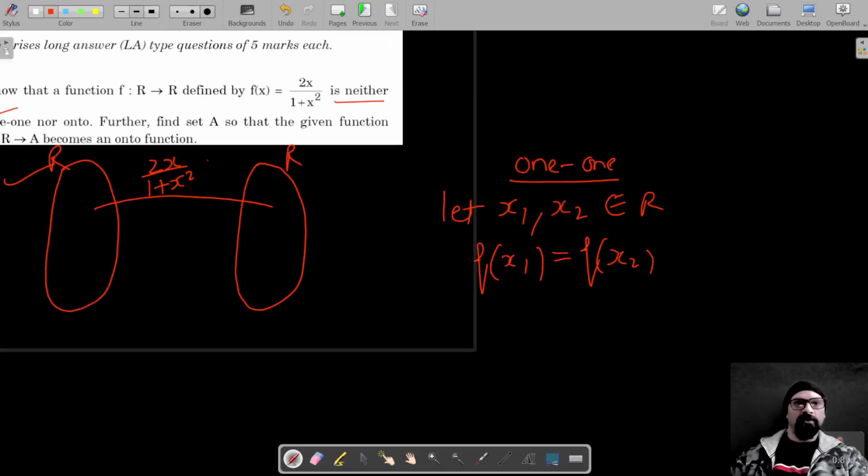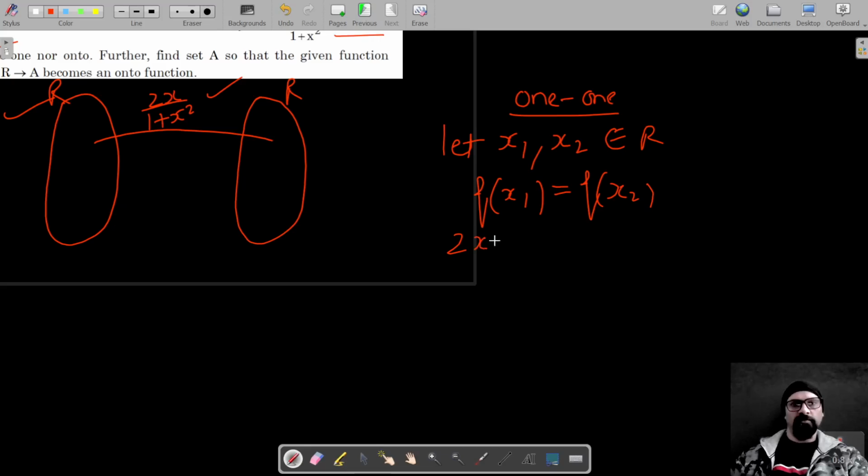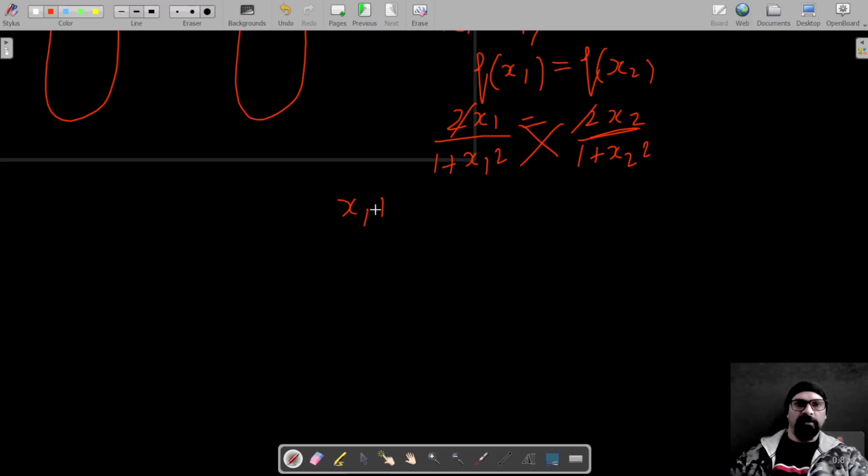So f of x1 according to this function would be 2x1 upon 1 plus x1 square, and this is 2x2 upon 1 plus x2 the whole square. Okay, 2 and 2 get cancelled. Let's cross multiply this, which gives me x1 plus x1 into x2 square is equal to x2 plus x2 into x1 square.